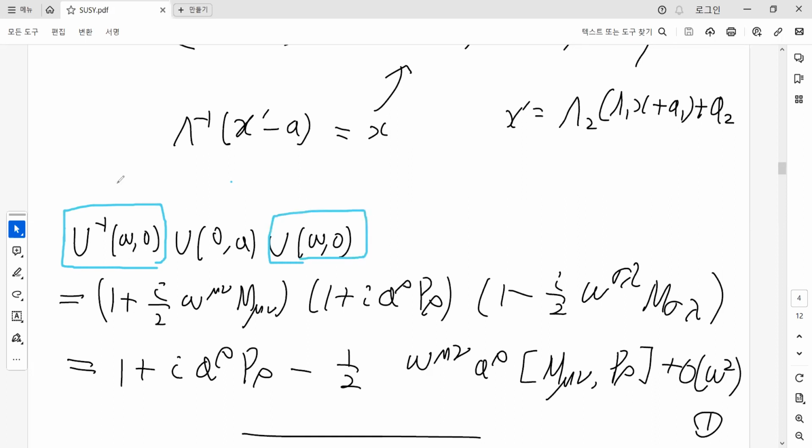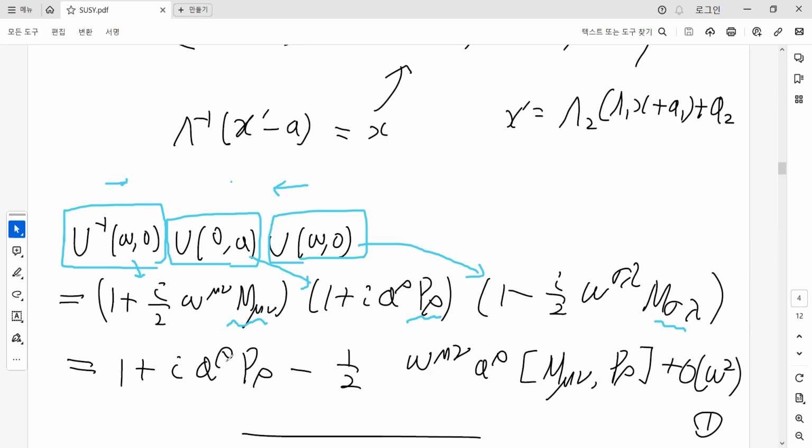So the conjugate acts on the group element which represents the translation. We can expand each element with infinitesimal transformations from the exponent with the generators M mu nu, the momentum, and M sigma lambda.